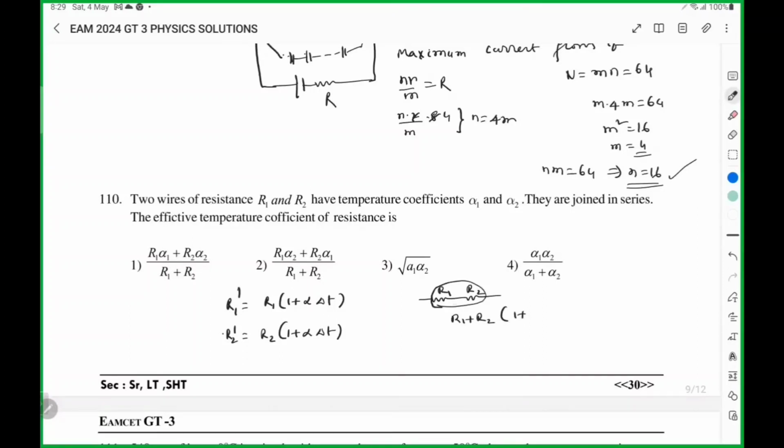So temperature coefficient of effective resistance is alpha effective delta T, which is R1 plus R2, some new resistance.